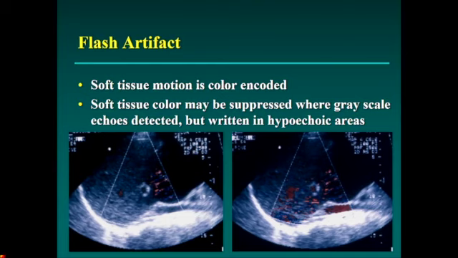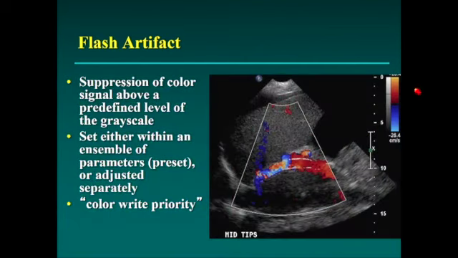One where there's a high flow setting, in which case you want to give priority to the grayscale, because like in a carotid, you don't want to overwrite the plaque. And then there are low flow states where you want to give priority to the color because you want to see any thread of color. So like ovaries or testicles or things like that, where you want to see all those little threads of color, and so the priority will be given to the color. Well, the presets determine where that color write priority is written.